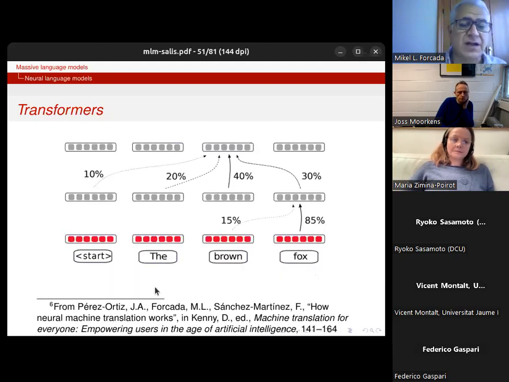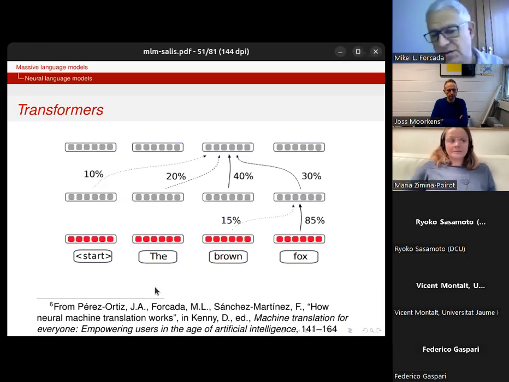So this figure is taken from a book edited by Dorothy Kenny, and we have a paper in it. The book is open access. It shows a sentence starting with "the brown fox" with a start token.